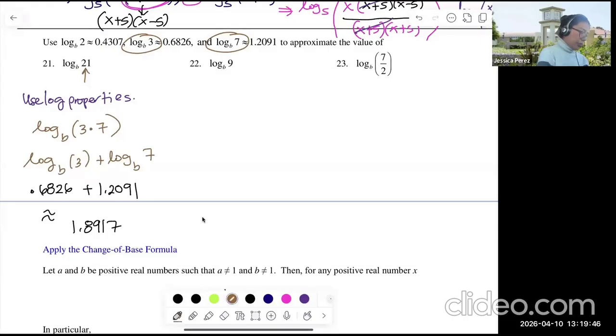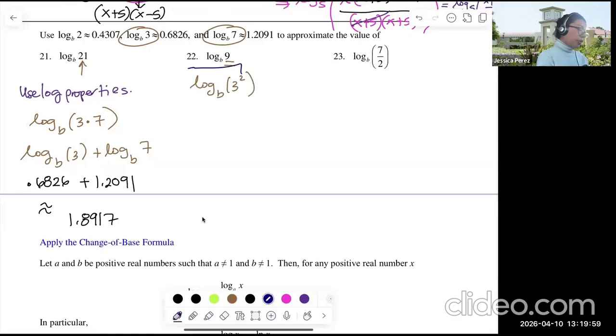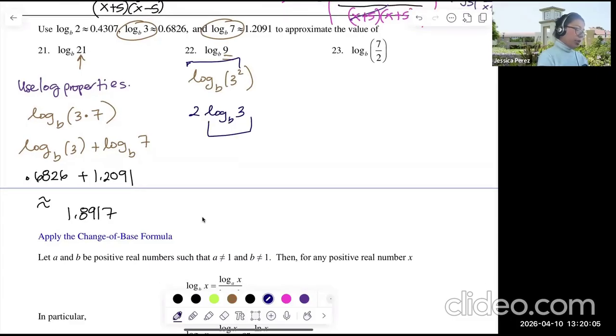Okay, now let's look at log base b of 9. What we can do is rewrite this as log base b of 3 squared. So we rewrite 9 as 3 squared. We use the power rule and bring the 2 to the front, and we have 2 times log base b of 3. We know log base b of 3 is estimated, so it's approximately 2 times 0.6826.